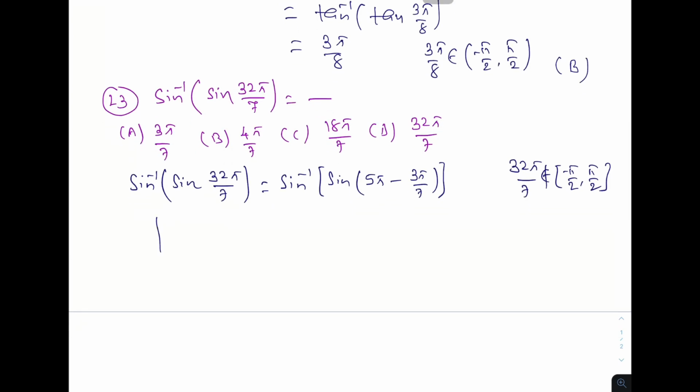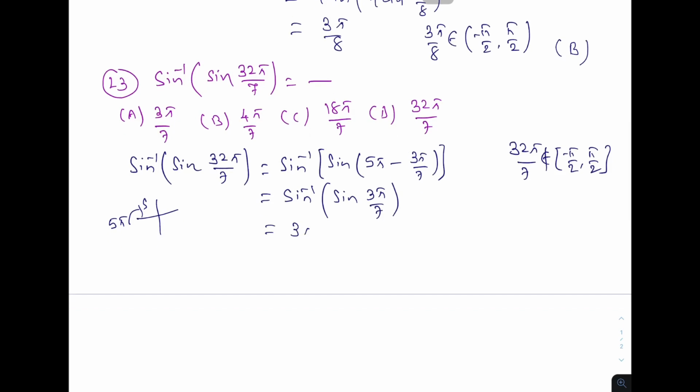And here there is a 5 pi and minus, so it is in the second quadrant. So sine inverse sine of 3 pi by 7, and so this is nothing but 3 pi by 7, because 3 pi by 7 is in the closed interval minus pi by 2 to pi by 2. So the answer is option A.